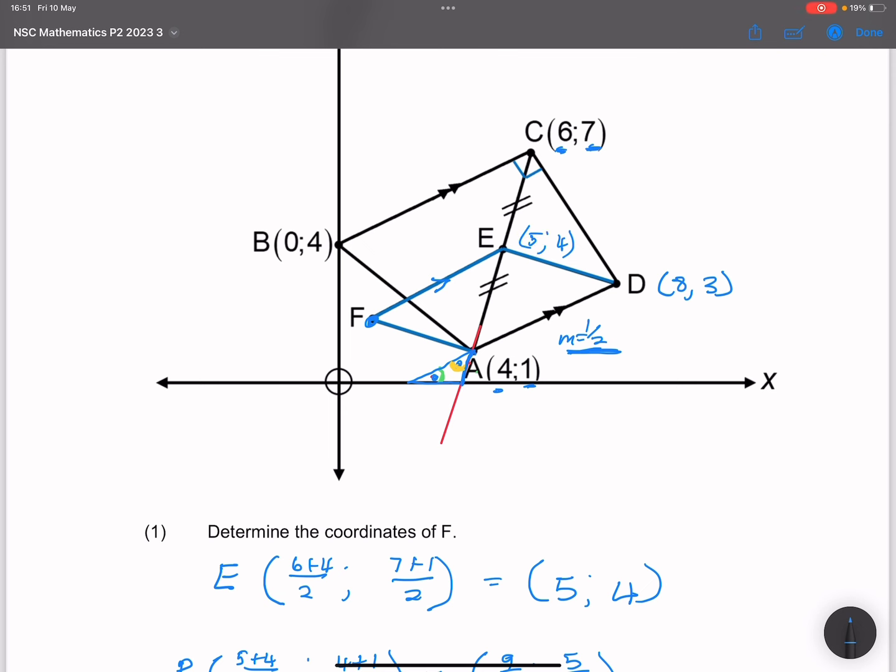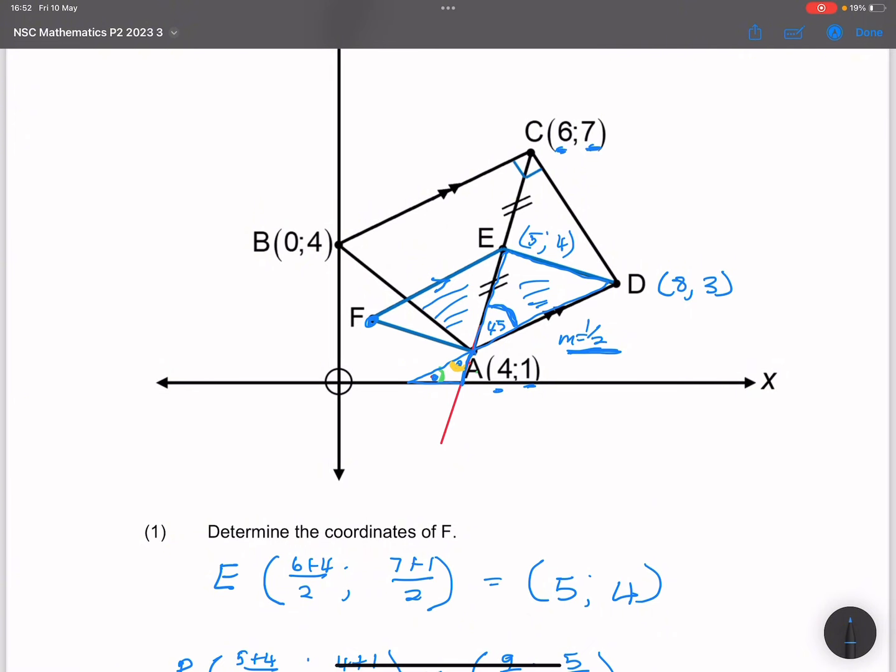So what I'm going to do, because I already know this angle here, right, 45 degrees. Now note in this case, if I can find the area of this triangle, right, EAD, then it means that the area of the parallelogram would be twice the area of that triangle, okay? Because remember, this area here would be equal to that area there.